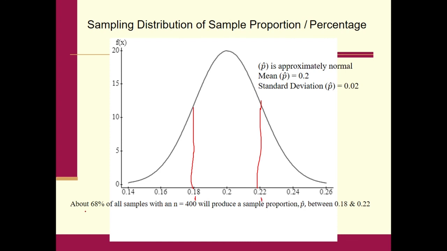Well, 68% of all the samples with an n of 400 will produce a sample p hat between 0.18 and 0.22. So 68% of all the samples is going to produce a p hat between these two values here. It's as simple as that.